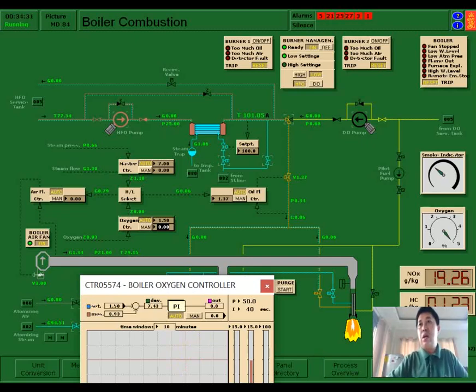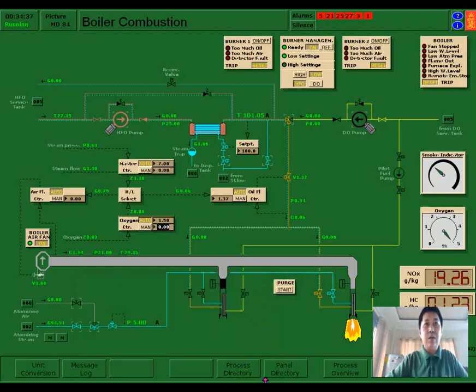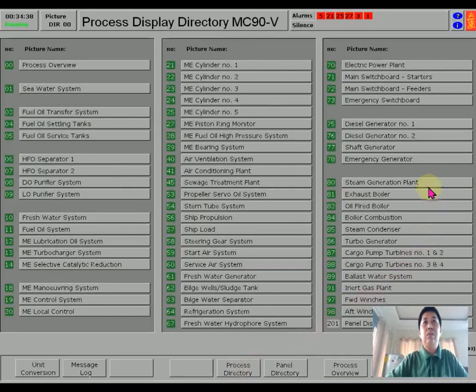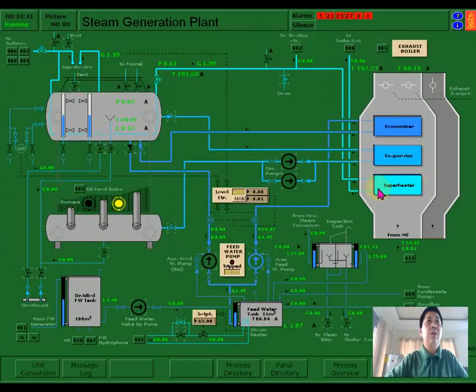So that is the airflow control system. So we will check the steam pressure. Your steam pressure is still 8.59 bar.